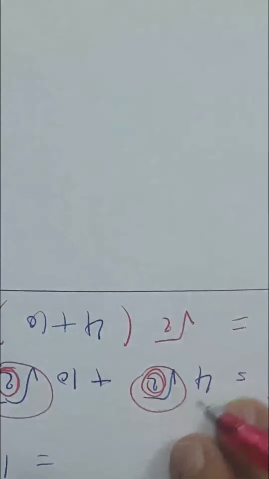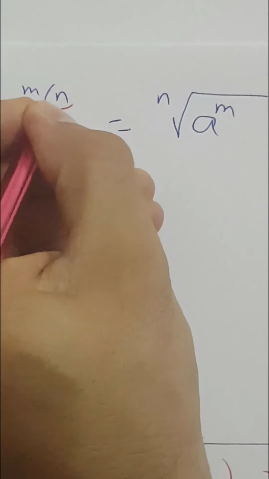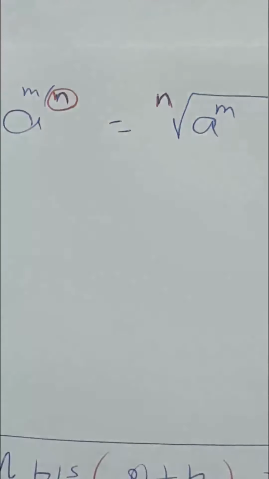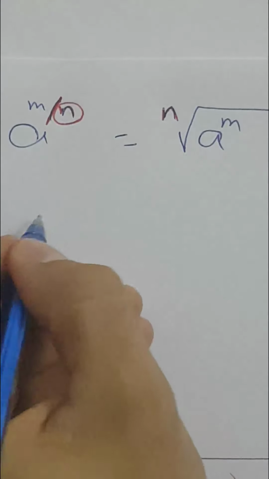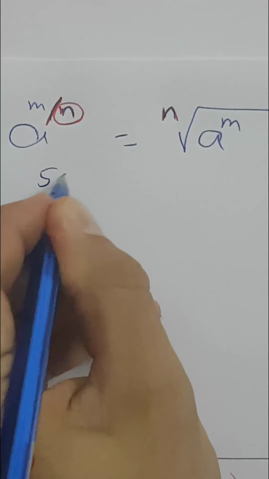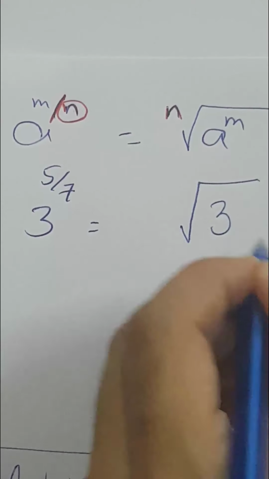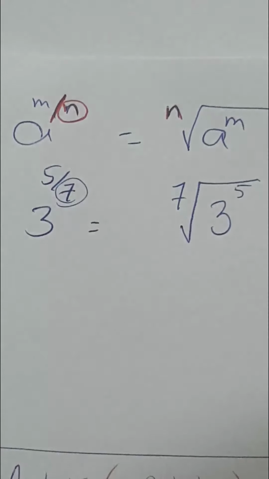The denominator will be the roots. The denominator will be the roots. For example, if I say 3 to the power 5 over 7, directly say it is equal to the 7th root of 3 with the exponent of 5, because the denominator is the root.